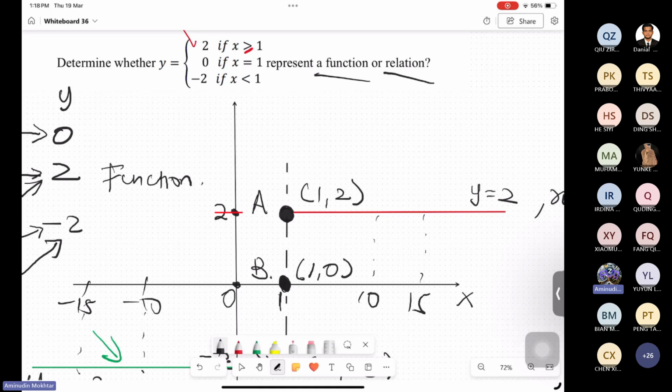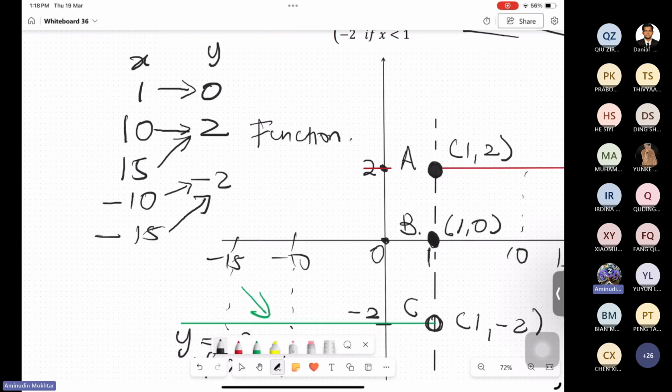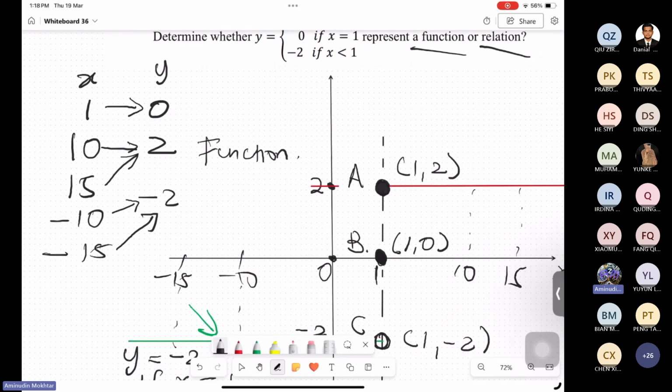So in other words, when x equals 1, there are two values of y, y equals 0 and y equals 2. So this relationship, I can draw this red line. Now in this case, there is one output when x equals 1.